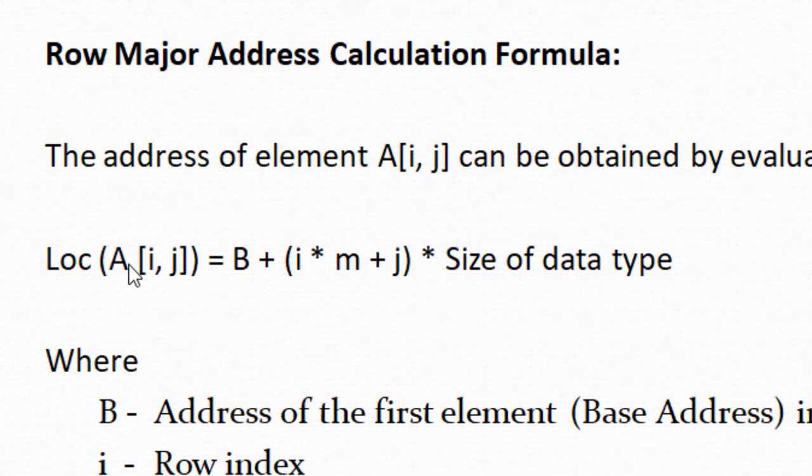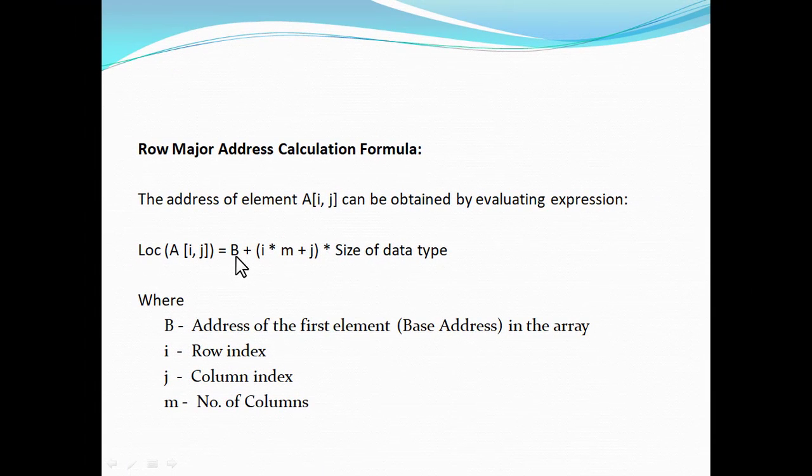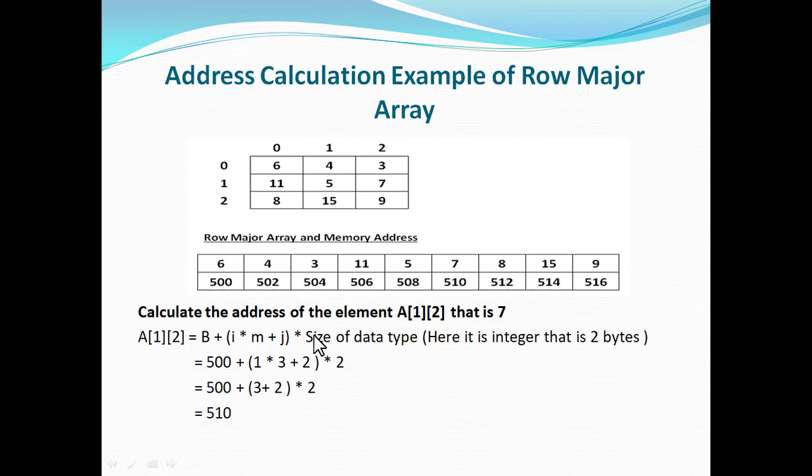So we have to use the formula: the address location of a[i][j] is equal to b plus (i into m plus j) multiplied by the size of the data type, whether it is an integer, float or character or any data type, where b is the address of the first element, that is also called the base address, i is the row index, j is the column index, and m is the number of columns.